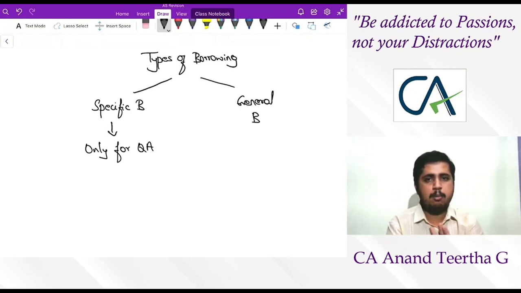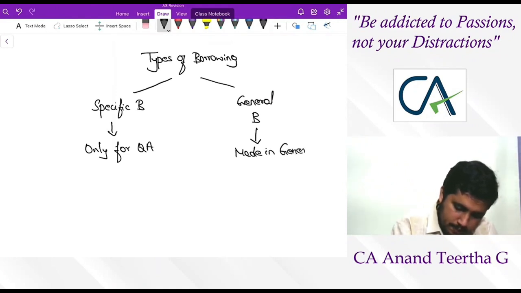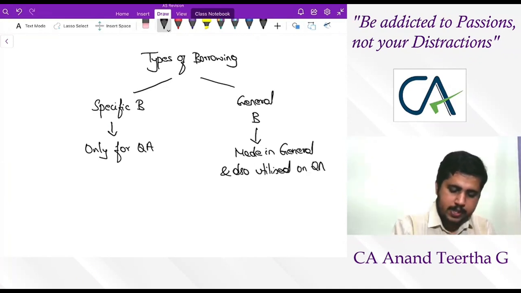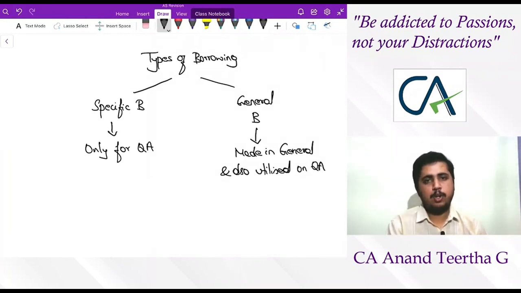So specific borrowing. What about general borrowing? General borrowing means borrowings are made in general and also utilized on qualifying asset. Say for example, there is an OD balance in your hand. So there is a bank OD. Bank OD, you are using it for every purpose.